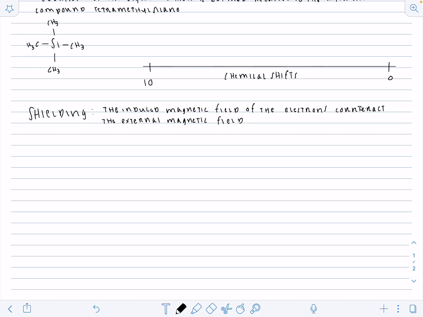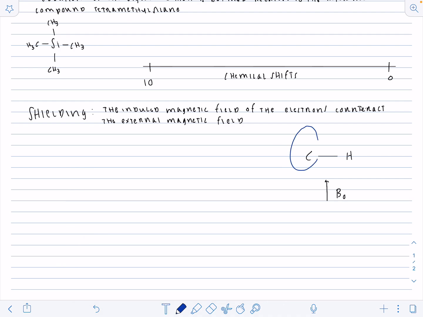Basically, we have a compound, and even if it's something as simple as C bonded to H, there's stuff around it that we're not talking about. But this bond has its own induced magnetic field.